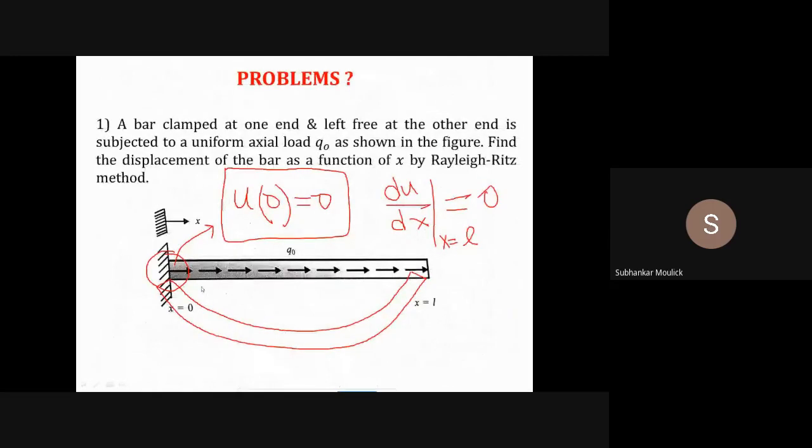If you see in this entire problem, axial load Q naught is applied on the surface of the bar, and this Q naught is nothing but a UDL. It is applied on the entire bar. That means this Q naught is nothing but a UDL.